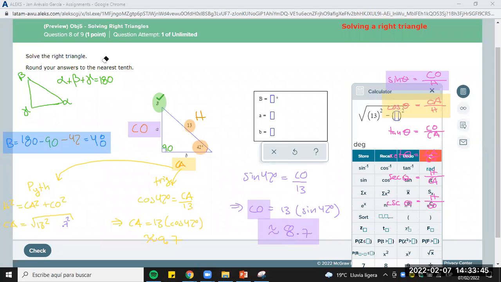It is minus, I'm sorry. This has to be minus 8.7. So 13 squared minus 8.7 squared. Okay. We have exactly the same thing. This is approximately 9.7 rounded.